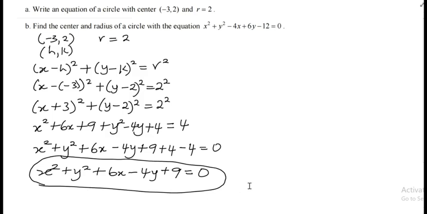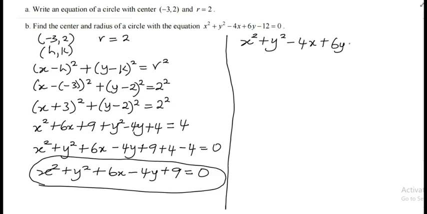Now let us find the center and the radius in the other equation. Let me divide this page here to find the center in the other part. Given the equation x² + y² - 4x + 6y - 12 = 0, there are two approaches you can use.